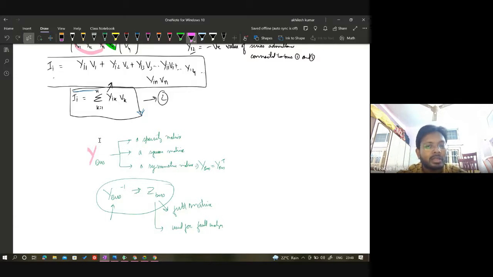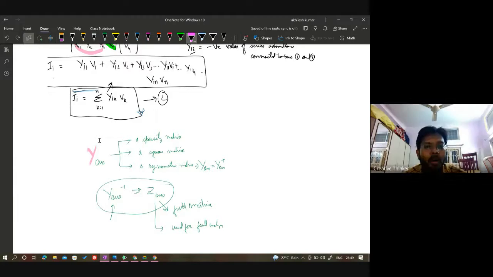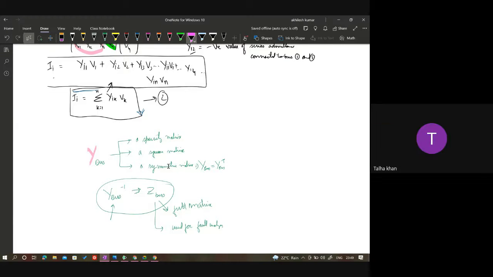A sparse matrix means most of the elements are 0. Another important feature is that it is a square matrix, and also a symmetric matrix. Symmetric means it's a mirror image about the diagonal, and if you take the transpose of this matrix, you will get the same value.